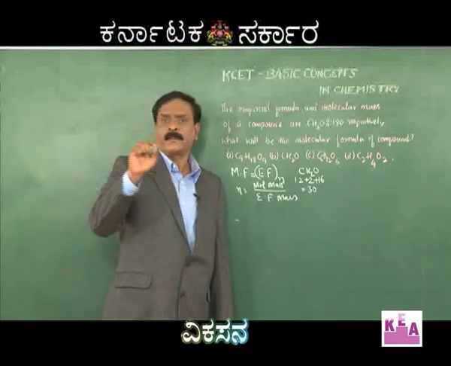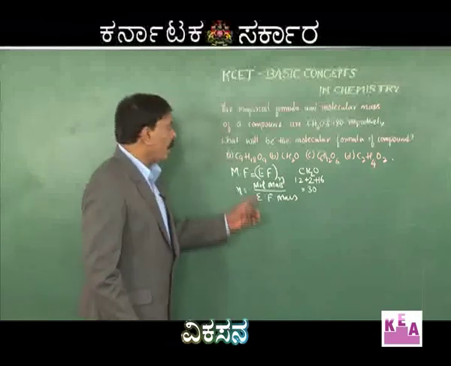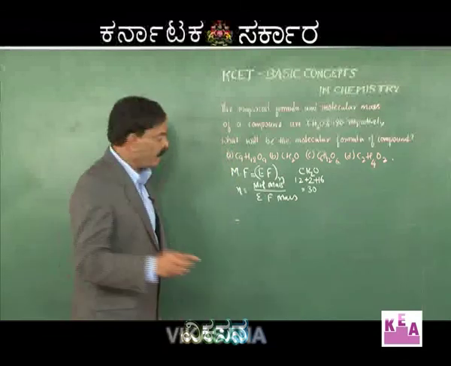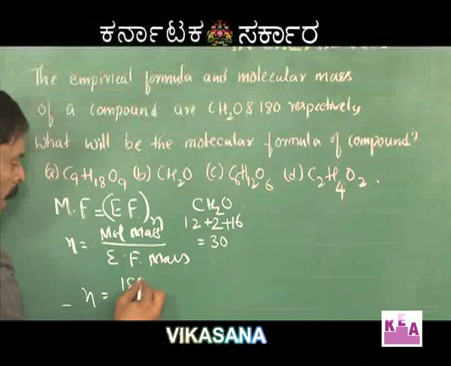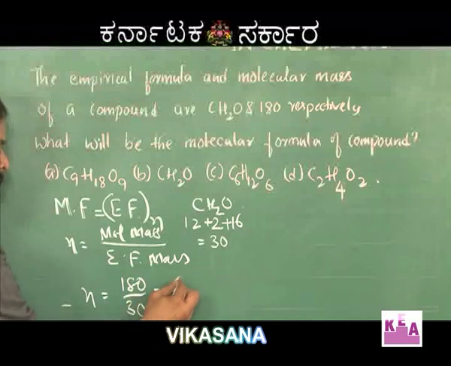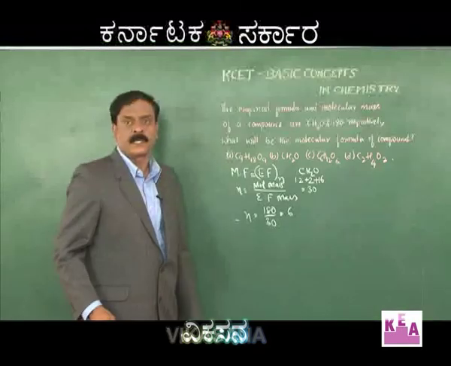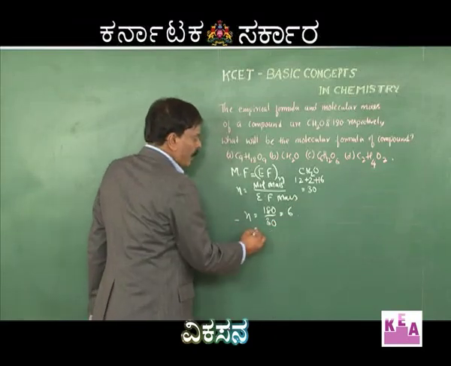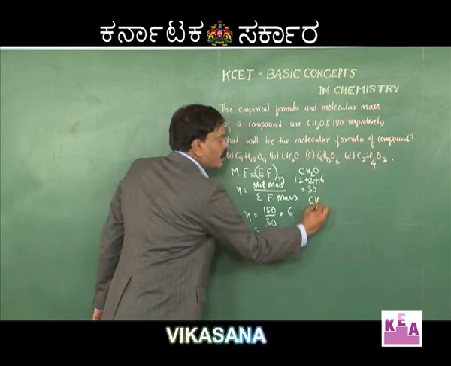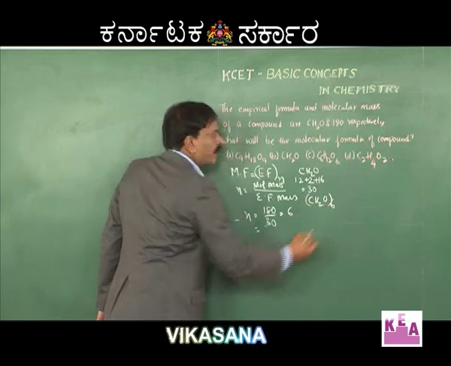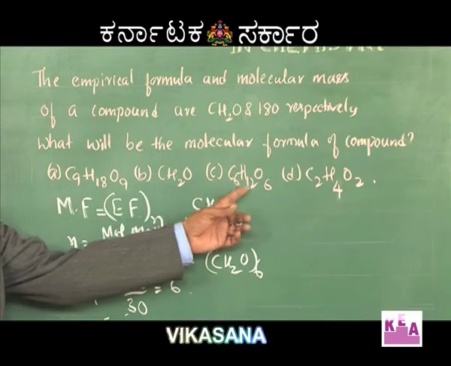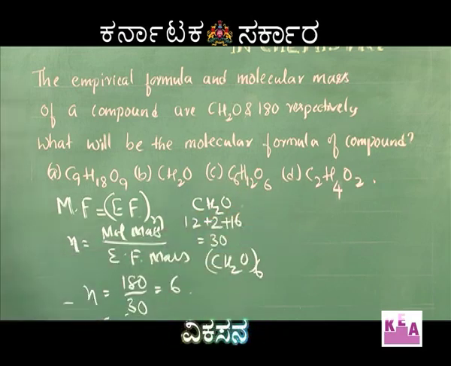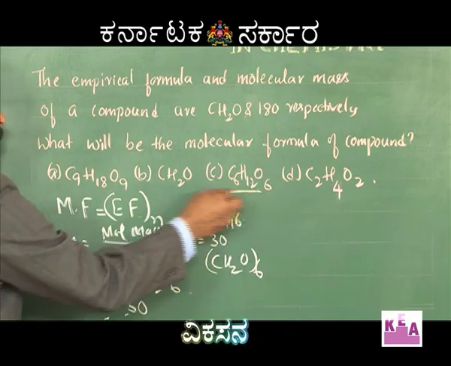So, the empirical formula mass is 30, the molecular mass given is 180, n will be equal to 180 by 30, which turns out to be 6. And therefore, the molecular formula of the compound will be equal to CH2O 6 times, which turns out to be C6H12O6. And hence, the right answer is C.